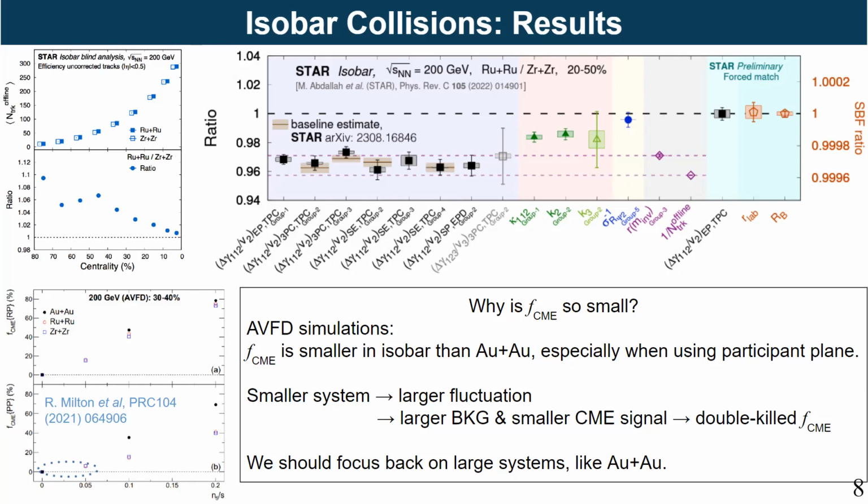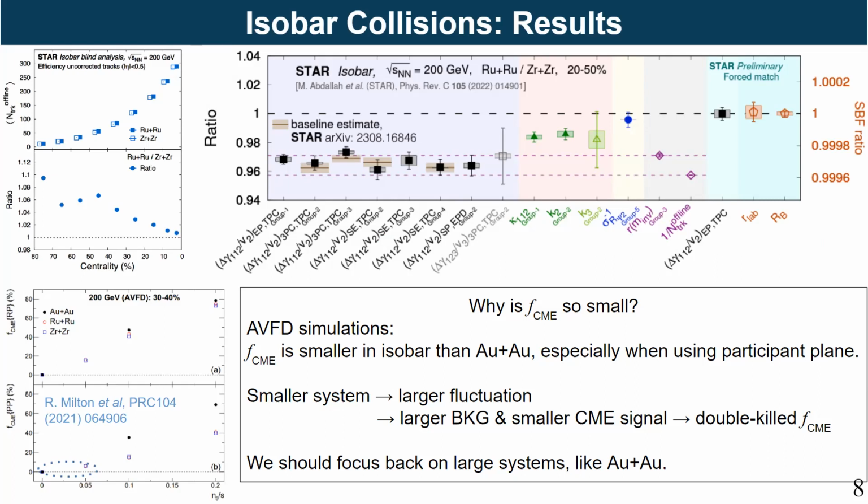Another way is we can just try to do it right. We can just match multiplicity. That's the 3 points on the right, newly presented at the Quark Matter conference. When we force multiplicity to have the same distribution between the two isobars, we see the ratios are highly consistent with unity.